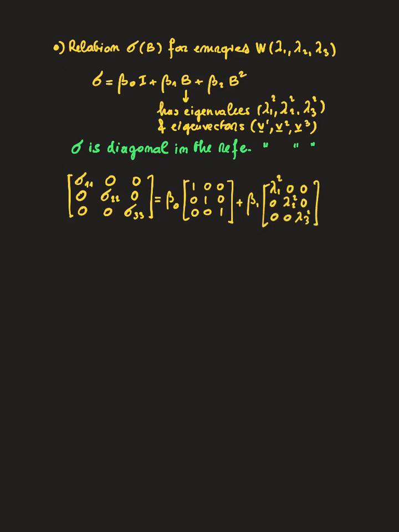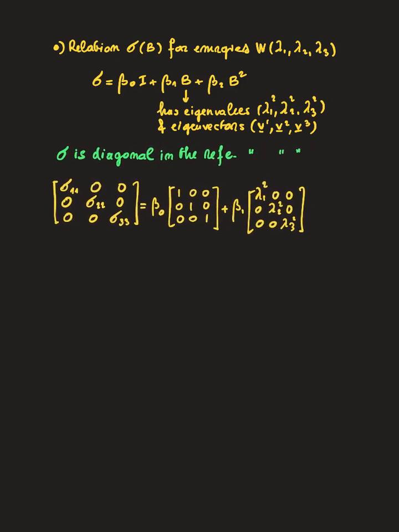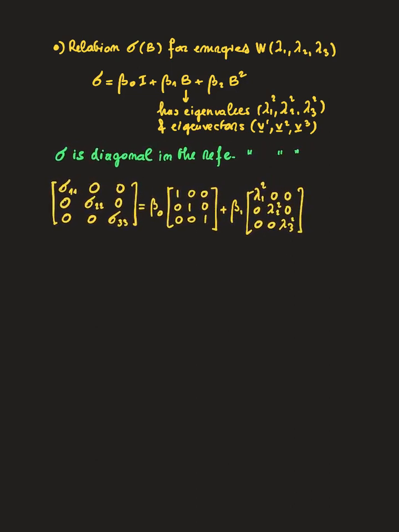Okay, good. So finally, the third and last term, this becomes beta 2. And here we have lambda 1 to the fourth, 0, 0, 0, lambda 2 to the fourth, 0, 0, 0, lambda 3 to the fourth power.